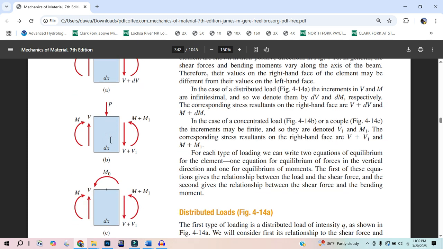Where over here, you're going to get a drastic change in the moment. So if I have an applied load, then this moment is this shear plus this applied load, and that's going to be this half distance away. So this is not a differential term.